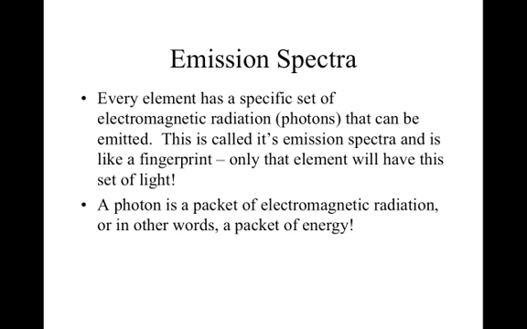So every element actually has a specific set of photons that can be emitted based on its electron's ground state and the excited state it goes to. This emission spectra is like a fingerprint, and only that element will have this set of lights. And a photon is a packet of electromagnetic radiation, or what we kind of think of as a packet of energy.